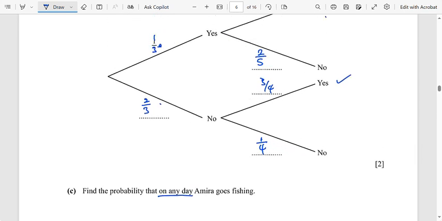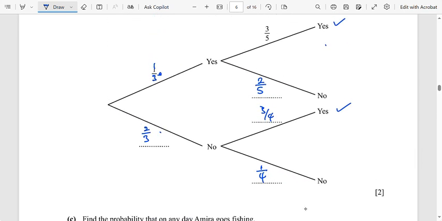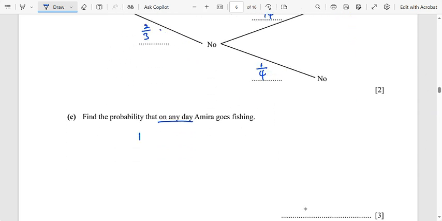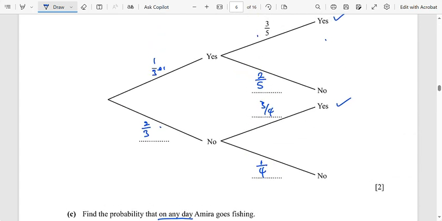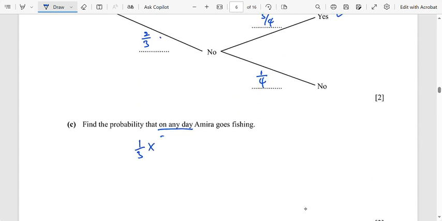So when we are following the probability tree, we multiply the probabilities. So that's a third multiplied by 3 over 5. Then or in probability means add. Or it's not raining with a probability of 2/3 and she can still go for fishing at a probability of 3/4.